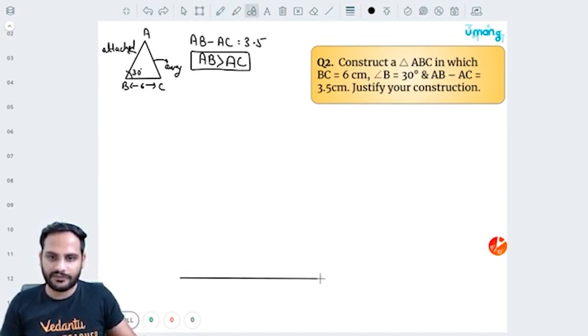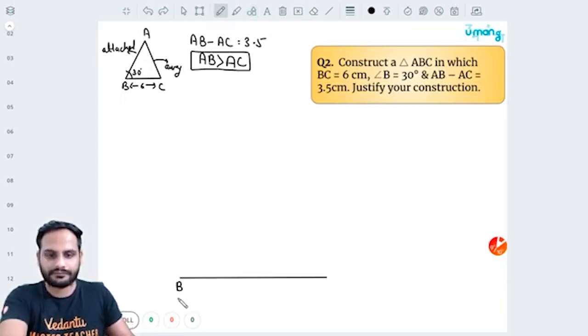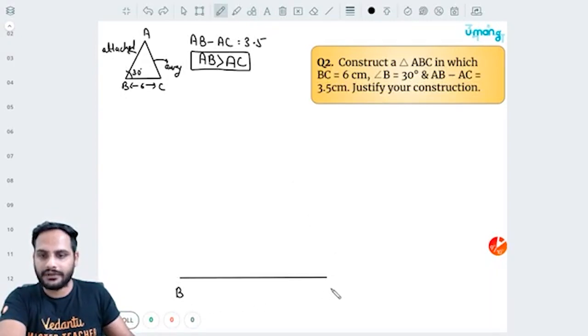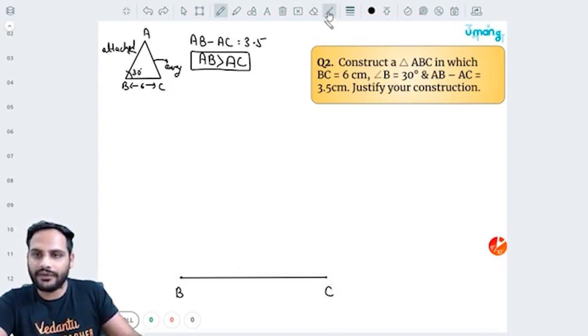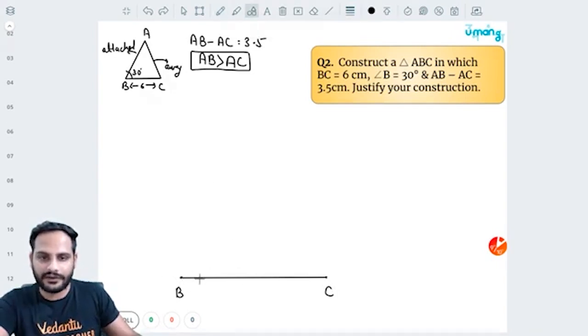This is my line BC equal to 6 centimeter. This is my side BC. Now what I need to do? I need to draw an angle of 30 degree. Let's draw that. Draw a semicircle.